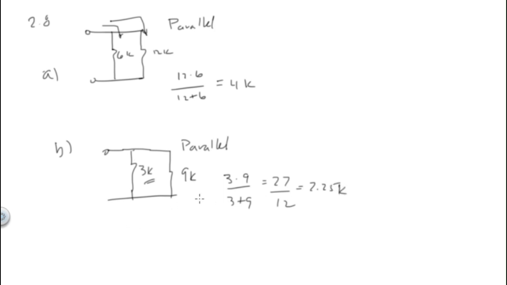C, this is 2.8 C, is 100 and 300. Again, parallel rule, because they're in parallel.